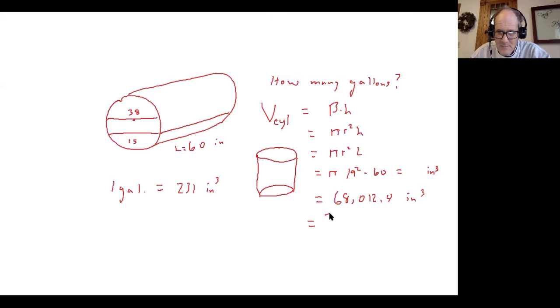So we have a total of 294.4 gallons in that tank. In the whole tank, it's possible to have 294.4 gallons. Now, how do we find the gallons that are in this 15 inches right here of fluid?